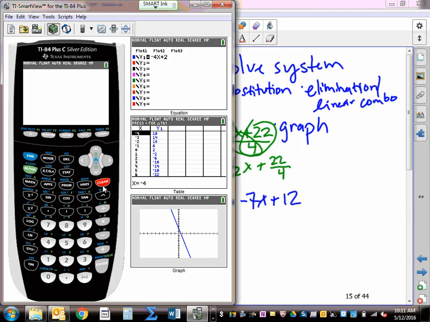So I want everyone to go to y equals and type in those two equations. Press graph.